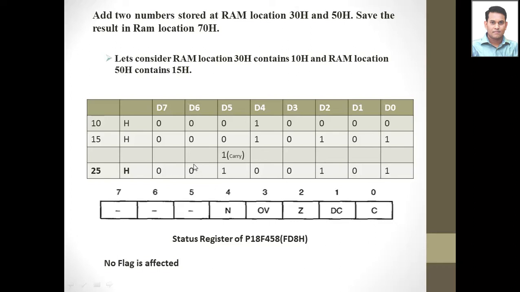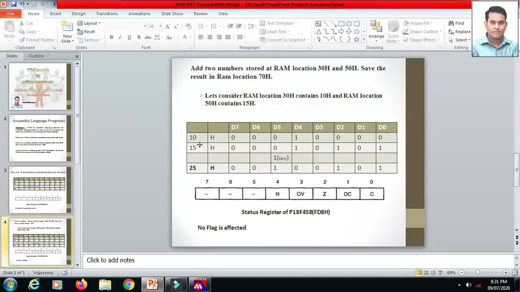Overflow flag: no carry from D6 to D7 and no carry from D7 to out, so the overflow flag will not be set. The last bit of this result is not 1, so the negative flag will not be set. So here no flag will be affected during this addition. Okay, so let's write down the program and execute the program.